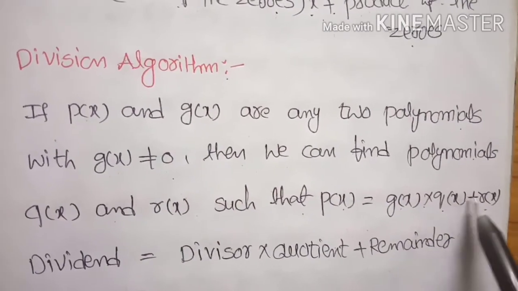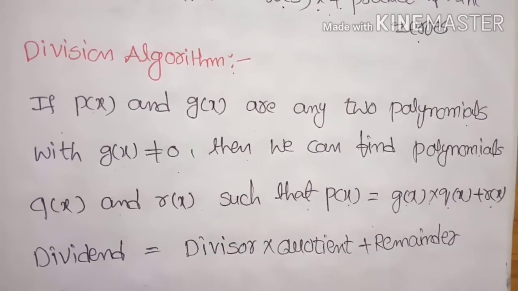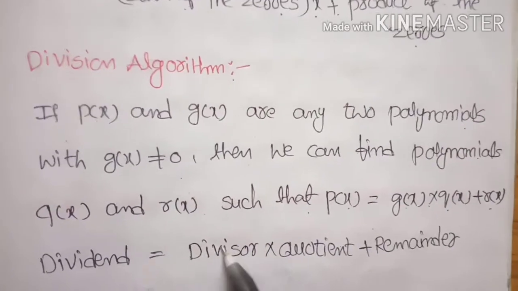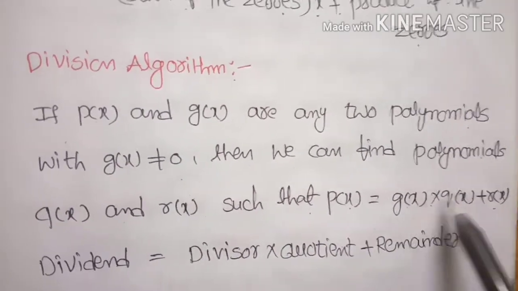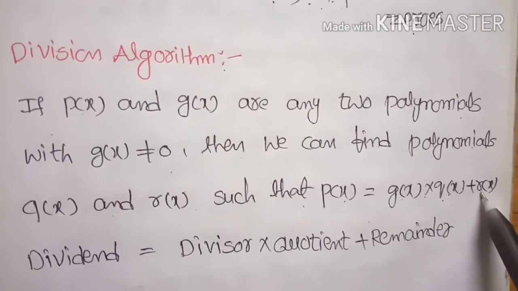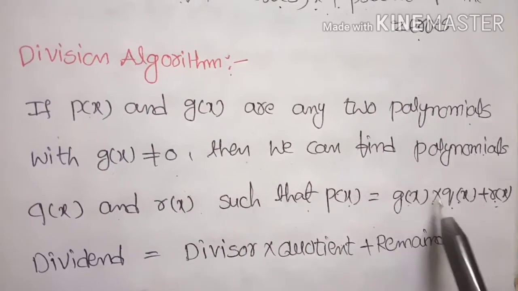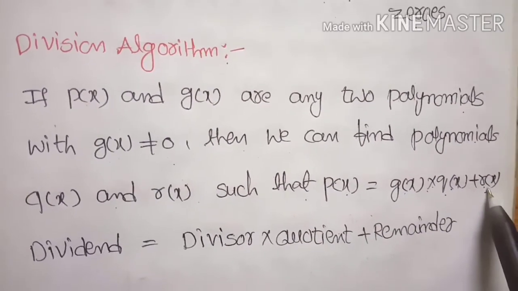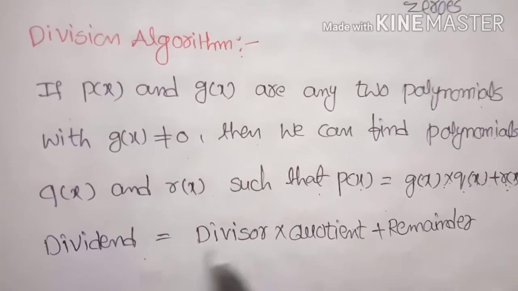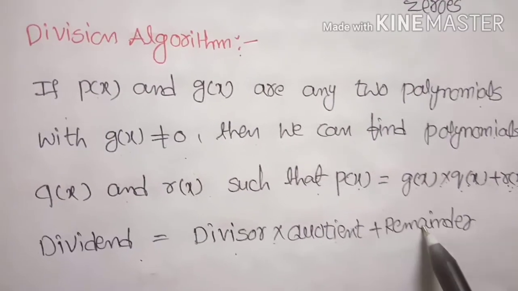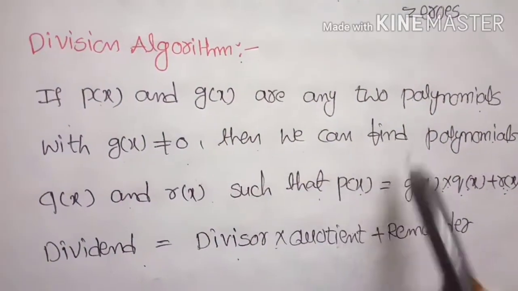What is the dividend rule? Dividend is equal to divisor into quotient plus remainder. This is the division algorithm.